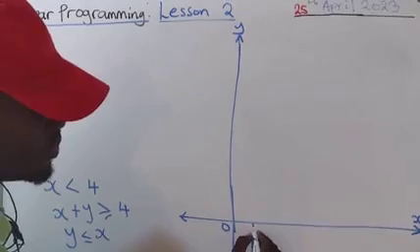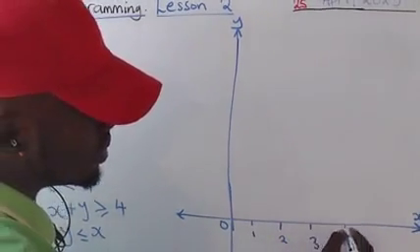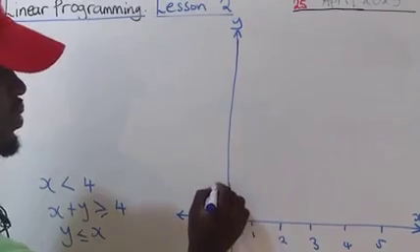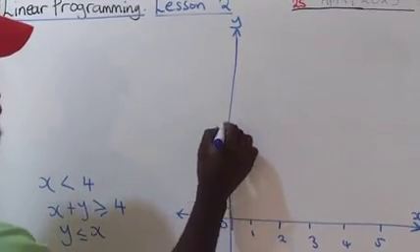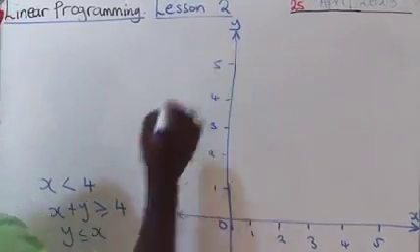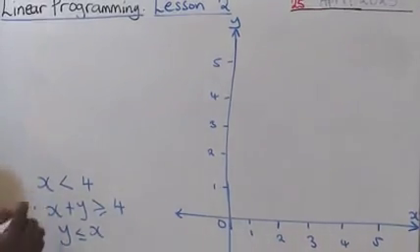So we have 1, 2, 3, 4, 5 on each axis. Okay. So start with the first one.